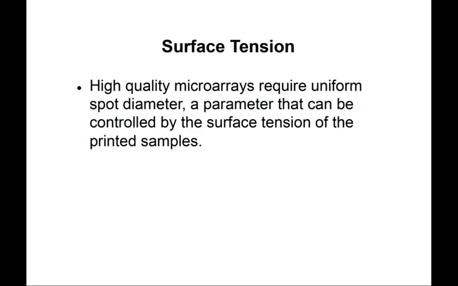If you Google microarray, you can find a lot of microarray images, and most of them are quite beautiful because they provide uniform spots. Right. Therefore, to form a uniform spot, the surface tension is very, very important. That is a parameter that can be controlled by the surface tension, right?